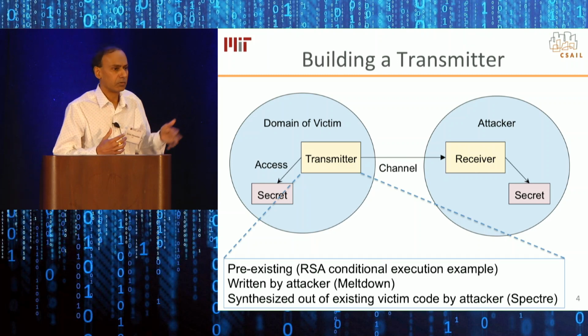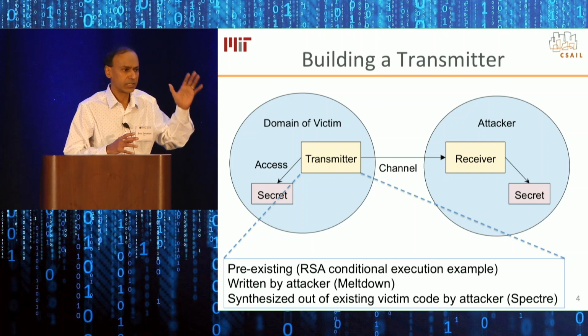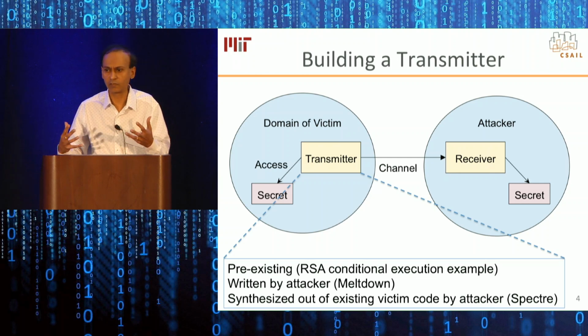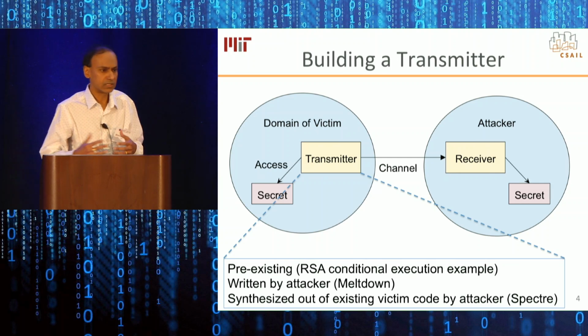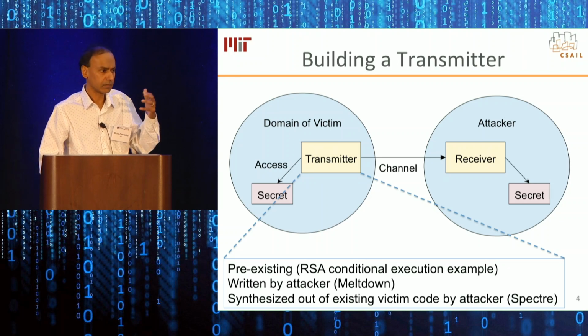Most of the attacks that are out there and the ones that have gotten a lot of press use the cache timing side channel, because it's a relatively low noise, high bandwidth side channel. But this picture is evocative of a whole class of techniques.